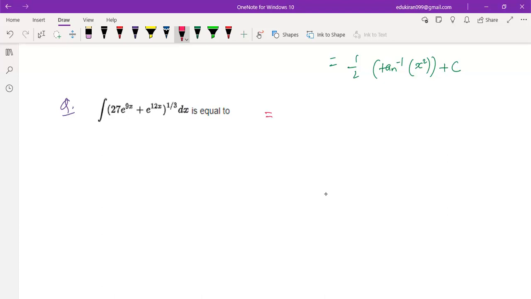So here the first step you will do, you will take e to the power 9x common, and when it comes out of the cube root, it will become e to the power 3x. So 27 plus e to the power 3x will remain under the cube root, dx.